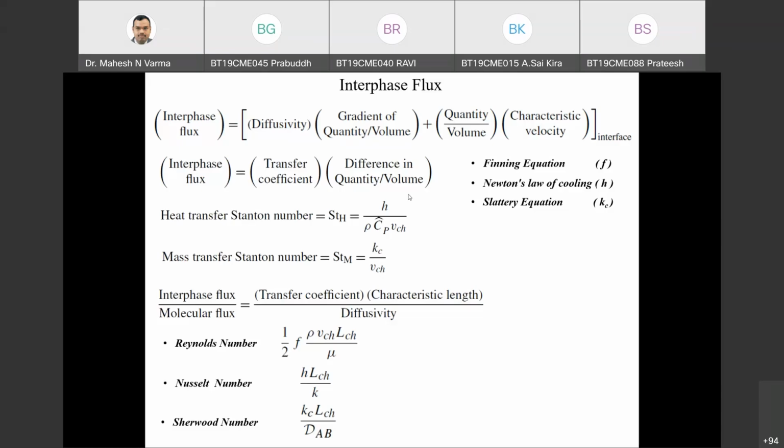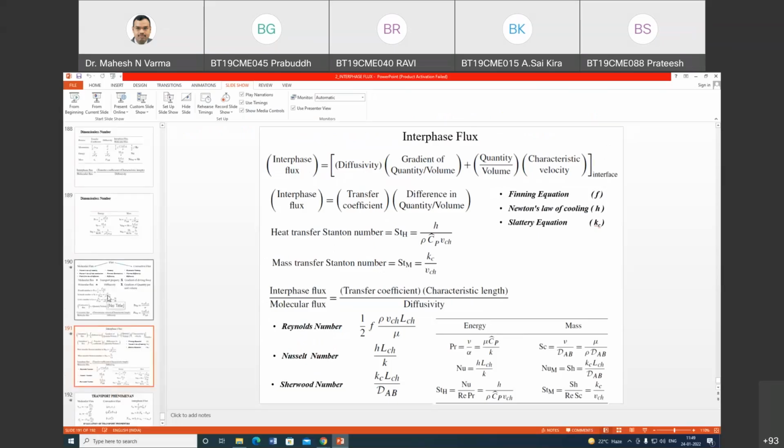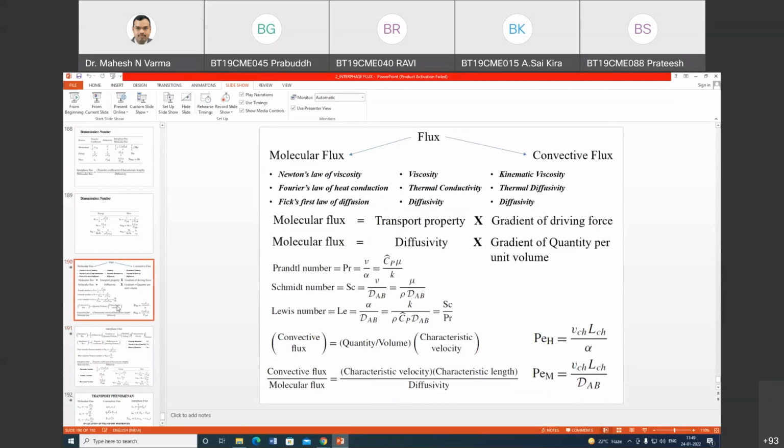This is just I have compiled everything in these two slides actually. So you can see, this is one slide and this is one slide. In these two slides, I have compiled all our 10 class discussion, almost from 8 to 9 classes, whatever we have covered. So this is the equation, molecular flux: diffusivity into the gradient of quantity per unit volume.